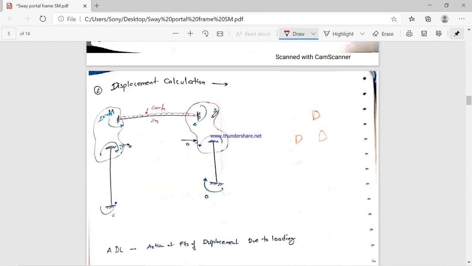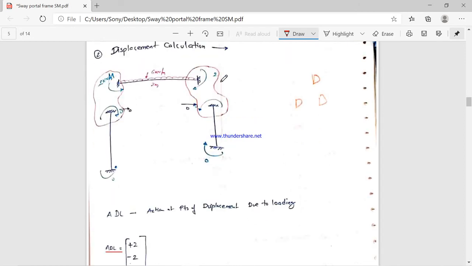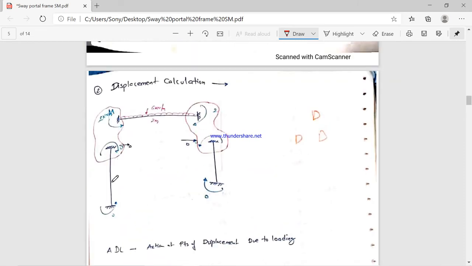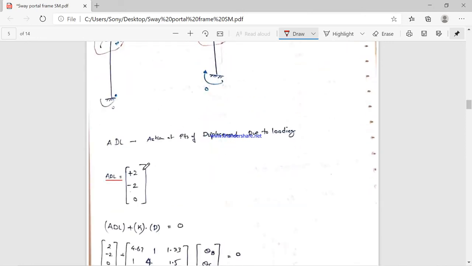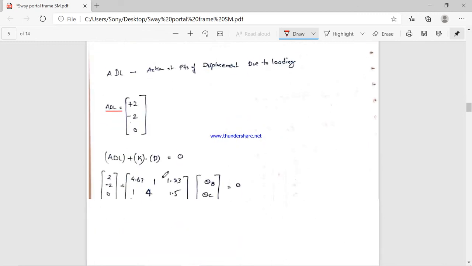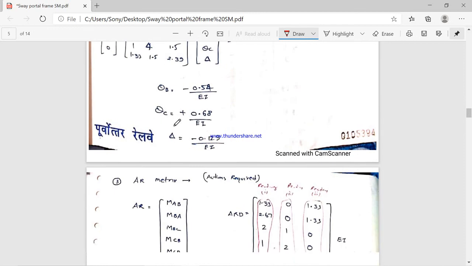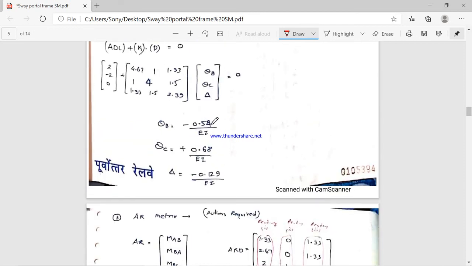Similarly, at theta C it is plus 2, but we have to write it as minus 2. Similarly, the delta value will be 0. So this is the action at the point of displacement due to the loading. Then the formula is ADL plus K into D is equal to 0. This is similar to the one we have already seen in the last numericals. So theta B, theta C, and delta will be formed.